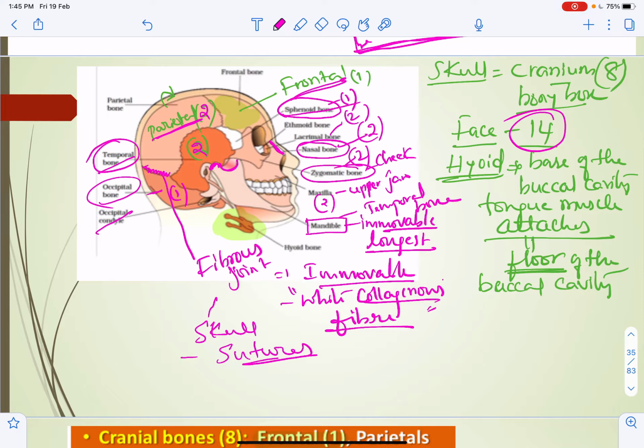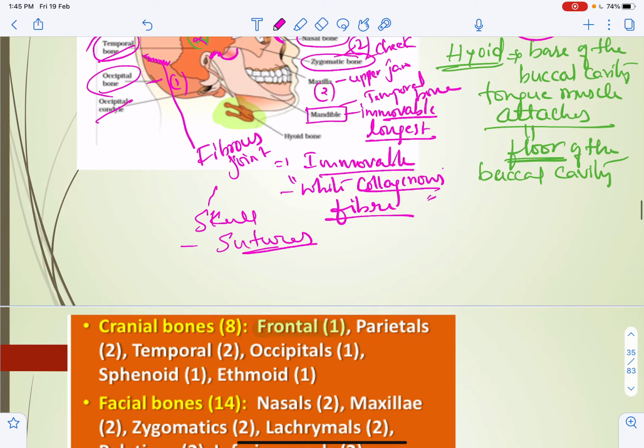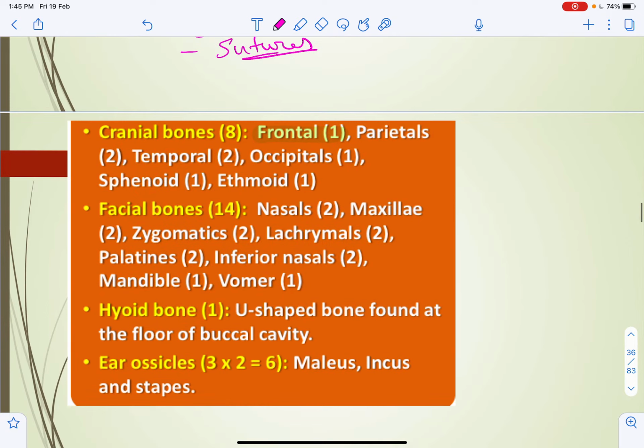Then the palatines, inferior nasal, and vomer bone. The nasal forms the bridge of the nose, the maxillae form the upper jaw, and the zygomatic forms the cheekbones.